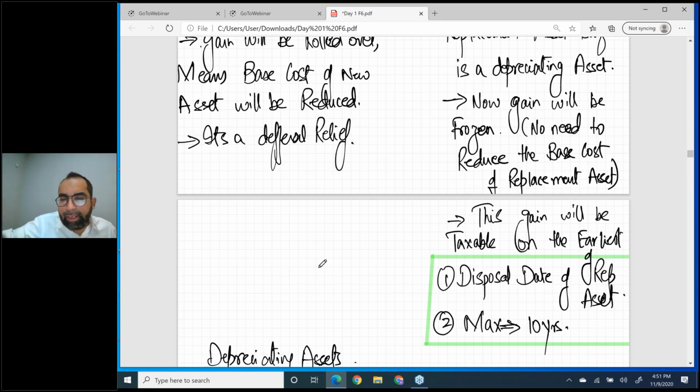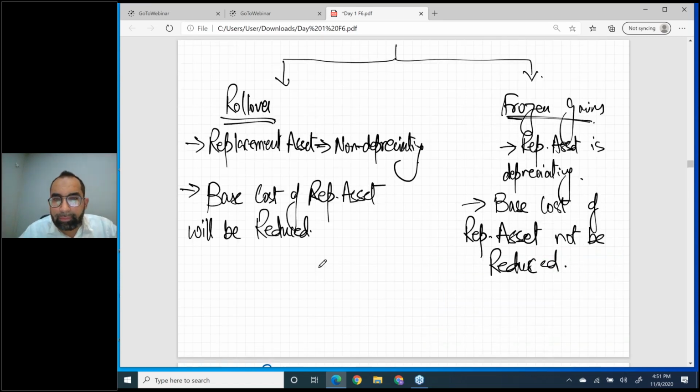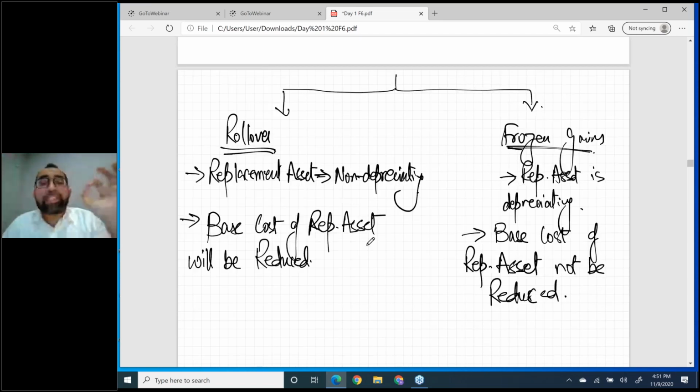The first date is the disposal date of that replacement asset, and the second is a maximum of 10 years. Whichever date comes earlier, you need to pay the tax on the frozen gain on that date.